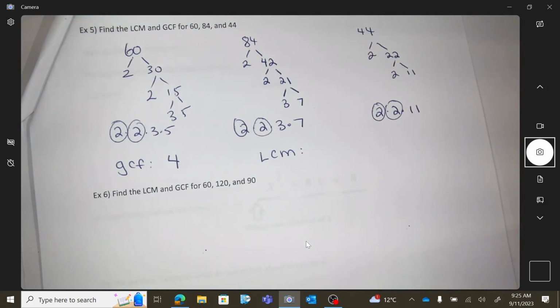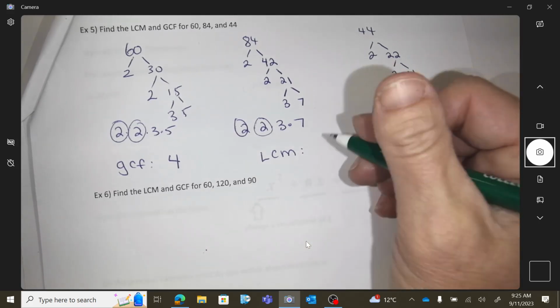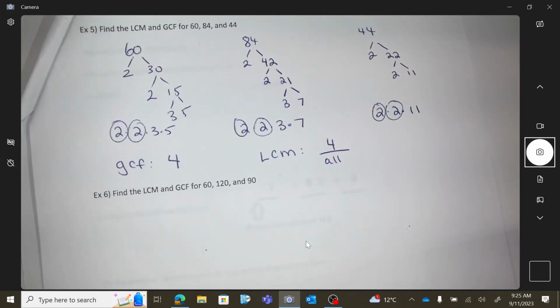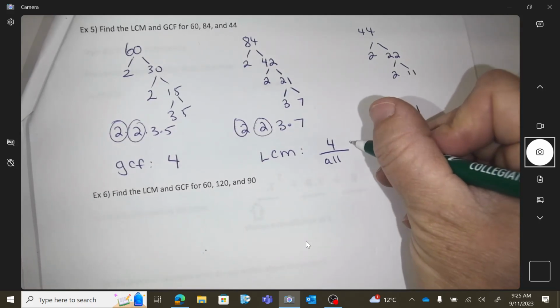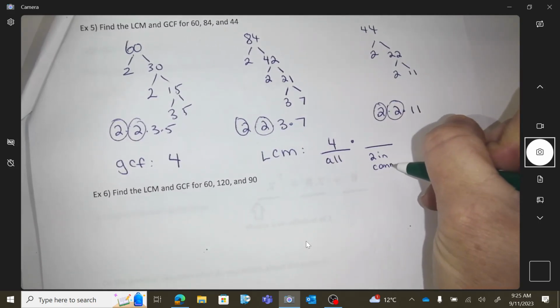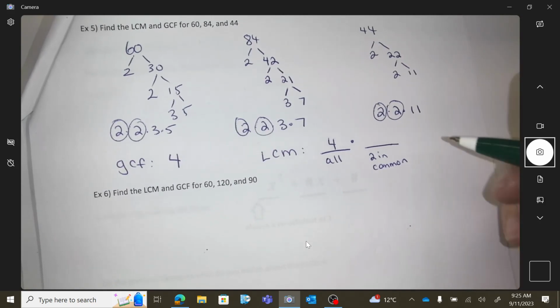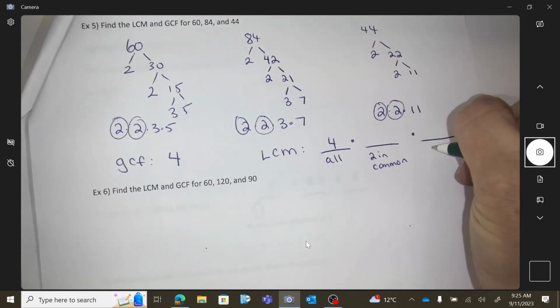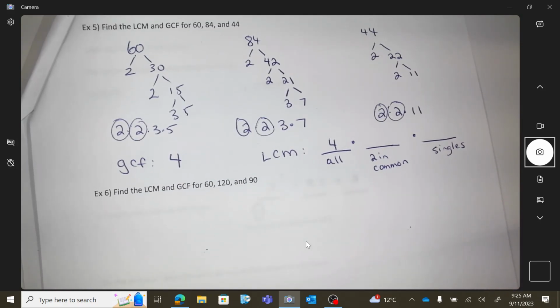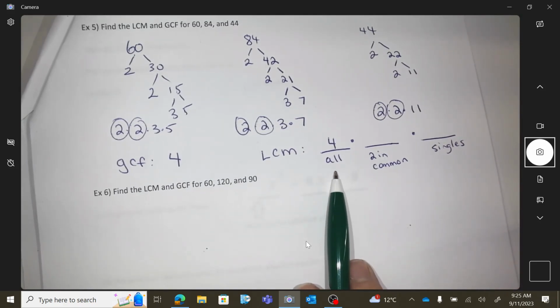Okay, now this is the one that gets a little bit different than doing with 2 numbers. They all had a 4, so that's what we did, but here's where it switches. We always did the leftovers. Okay, so we're going to add a stage here. So this was what they all had in common.